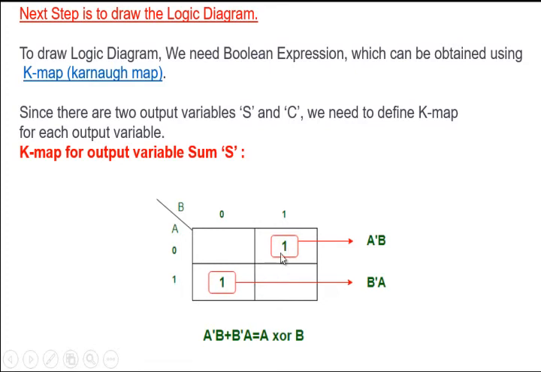According to the Karnaugh map, this portion is A bar B, and this portion gives output A B bar. So the output taken from the Karnaugh map is A bar B plus B bar A, or A XOR B. So this is the output of our XOR gate.